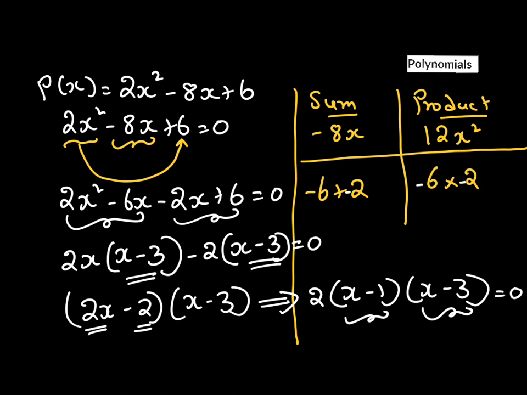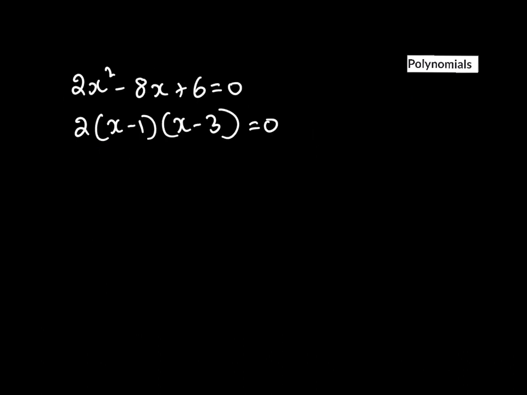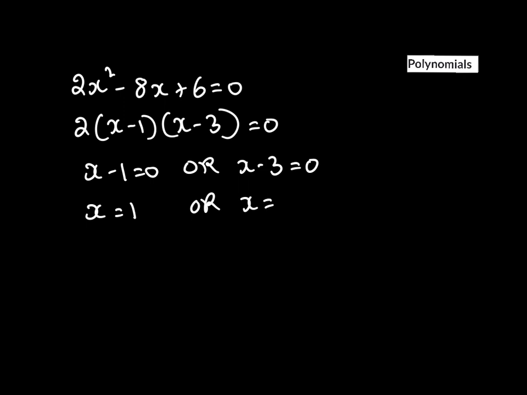In order for this polynomial to be 0, either x minus 1 should be equal to 0 or x minus 3 should be equal to 0. So we can equate each factor, x minus 1 equal to 0 or x minus 3 equal to 0. Therefore x is going to be equal to 1 or x is going to be equal to 3. So the zeros of this polynomial are 1 and 3.